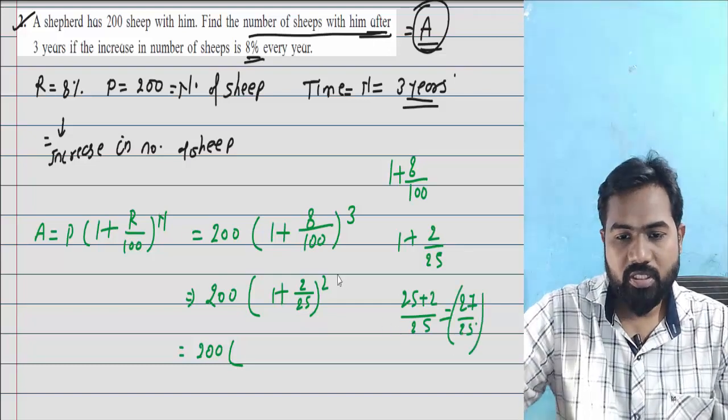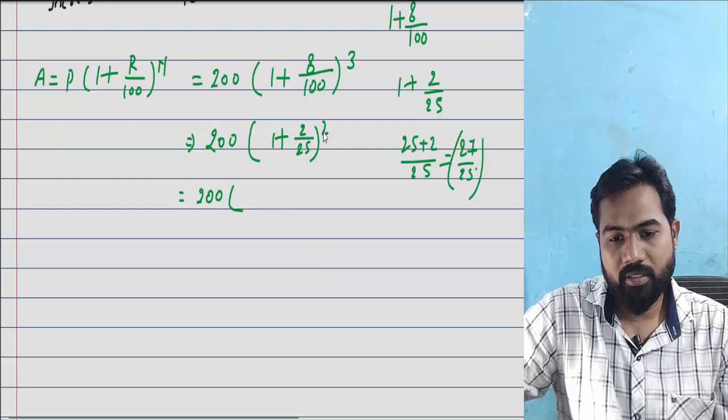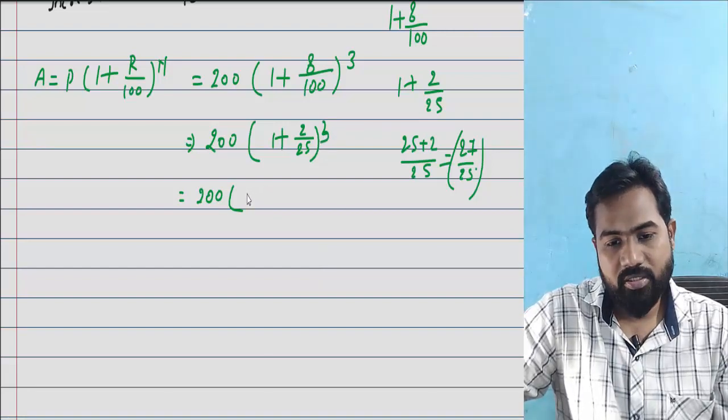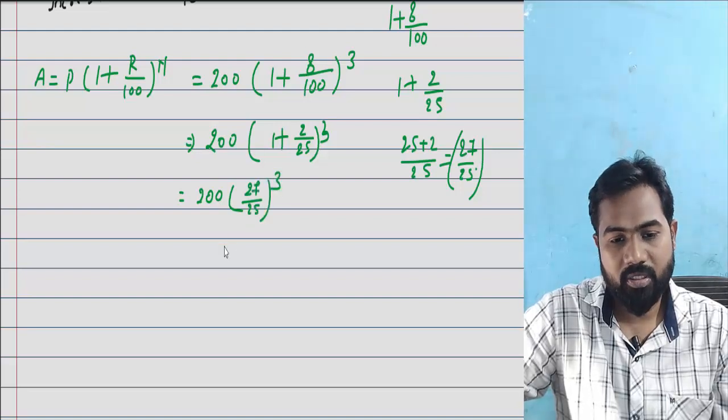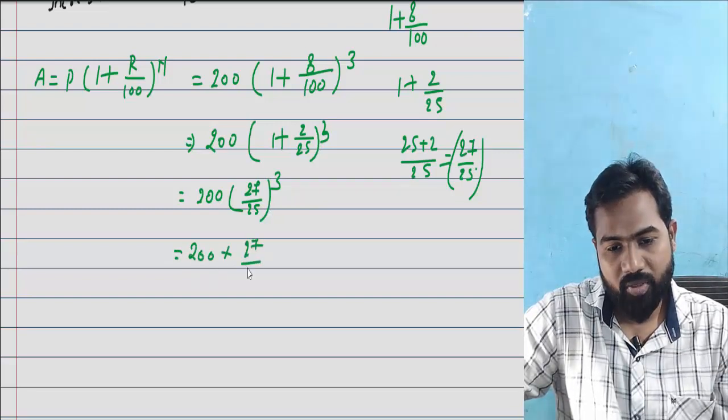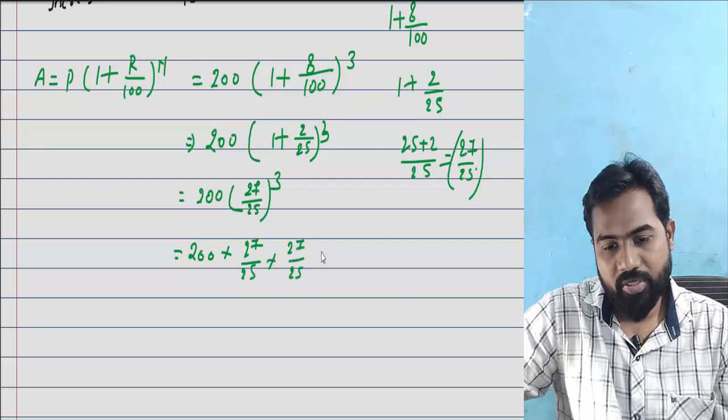So substitute this value, it's to the power 3. So you will get 27 divided by 25 whole to the power 3. Now expand it: 27 divided by 25 the first time, 27 divided by 25 the second time, 27 divided by 25 the third time.